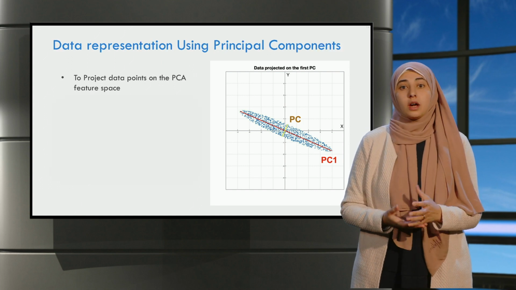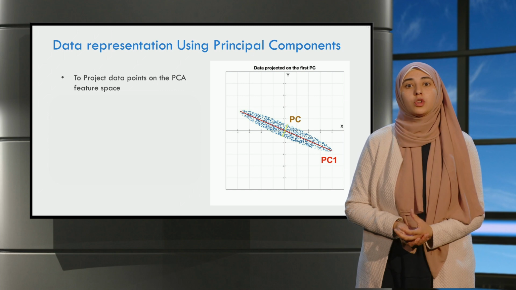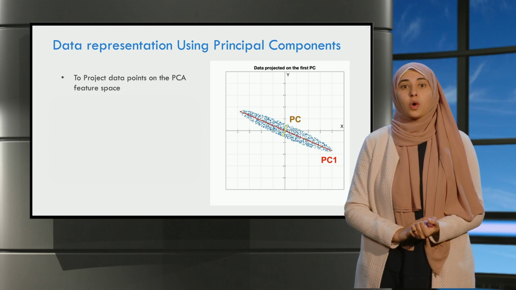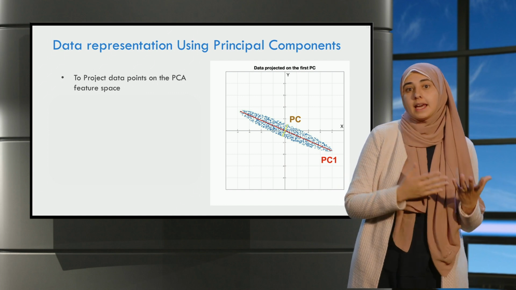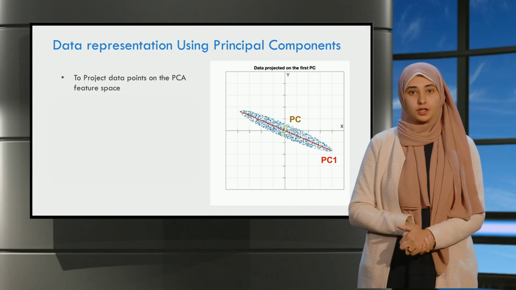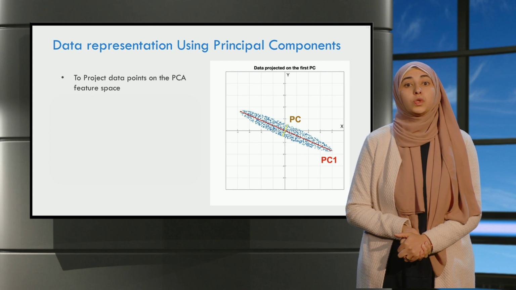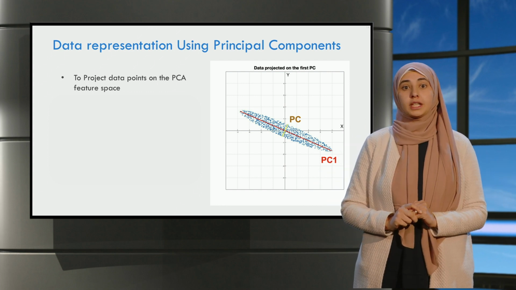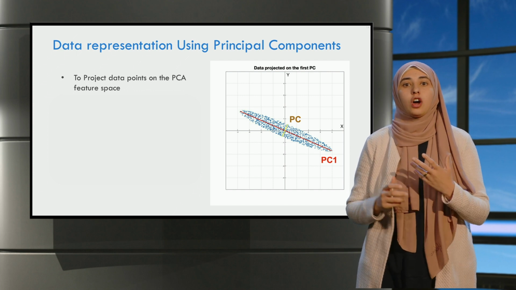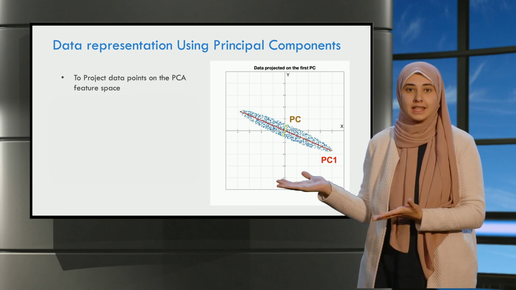We would now like to represent the data in terms of its building blocks. We want to represent the data using the PC feature space instead of the XY feature space. To do so, we need to project the data points from the original space to the direction of the principal components using these equations.